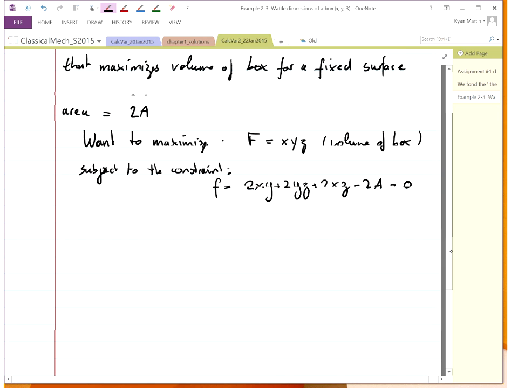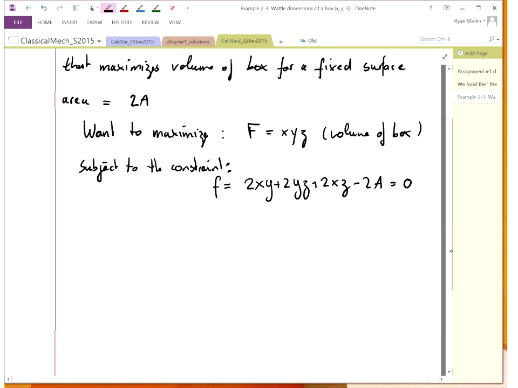Okay, so now we use our method of Lagrange multipliers to solve this problem.